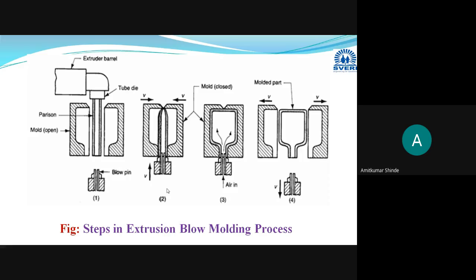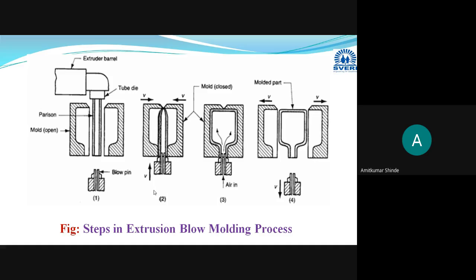We are using here only thermoplastic materials. You have to remember that this blow molding operation we are performing on thermoplastic materials only. As we provide some heat, and after that we give it shape.